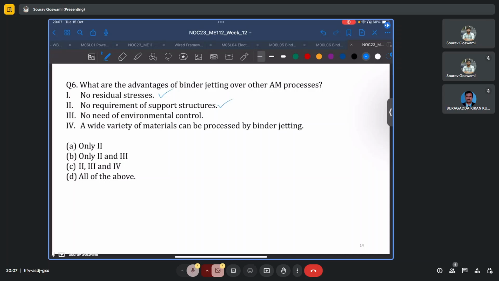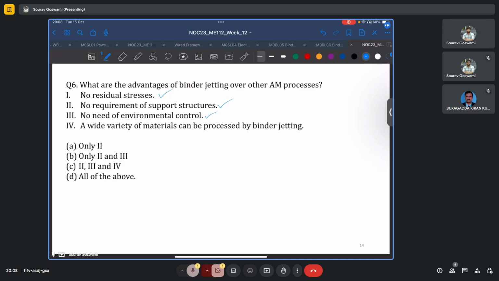No need of environmental control, as we just discussed in the previous question, and that is because this process is carried out at room temperature and room environment. So atmospheric control is simply not needed. And as we saw, this binder jetting process can be used to process a multitude of materials ranging from metals to ceramics to polymers and even multi-material combinations of all of these.